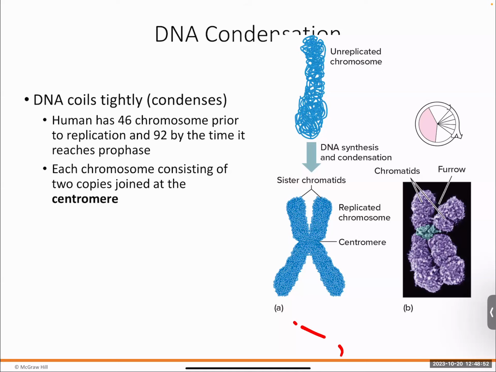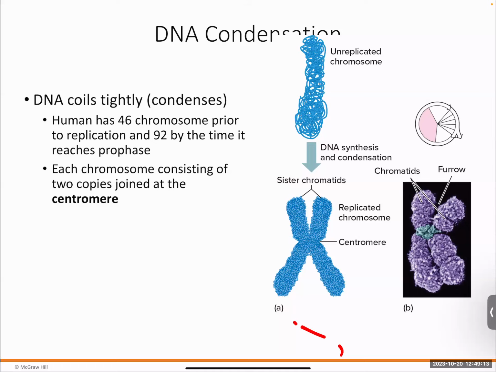One of the things I want you to note is the difference between these two pictures. If you look at the top picture, you have a chromosome which only has one arm. This is where the genetic information has not been replicated yet.